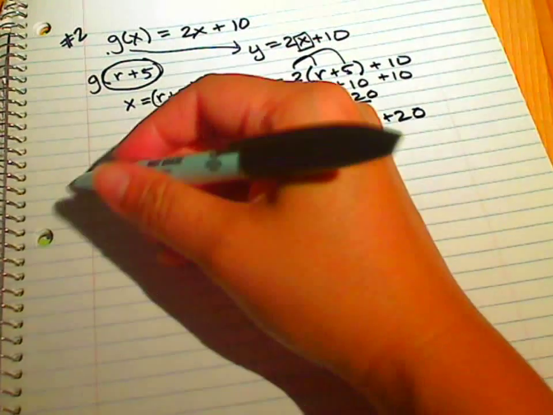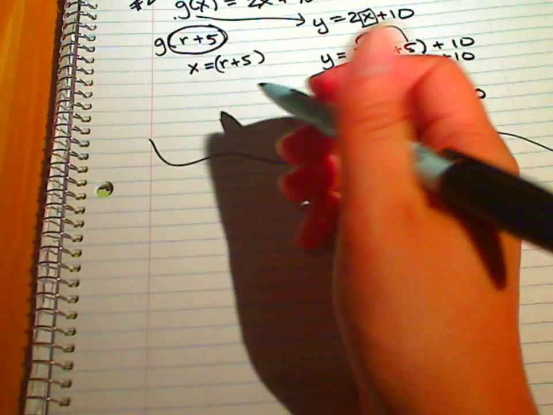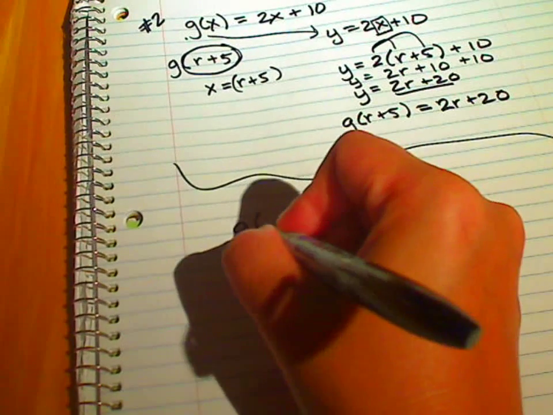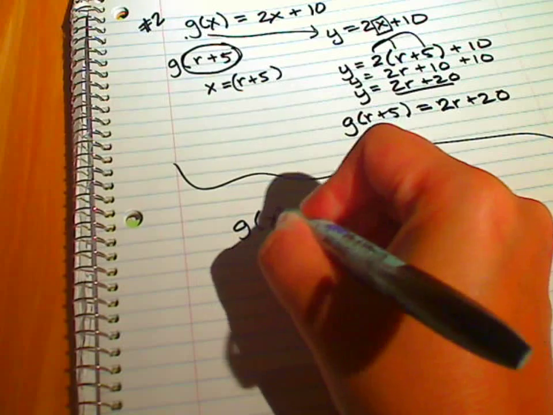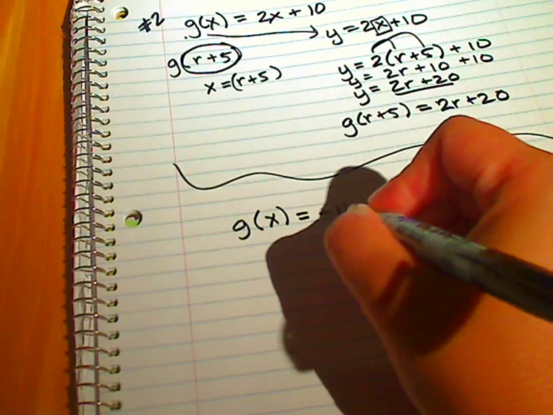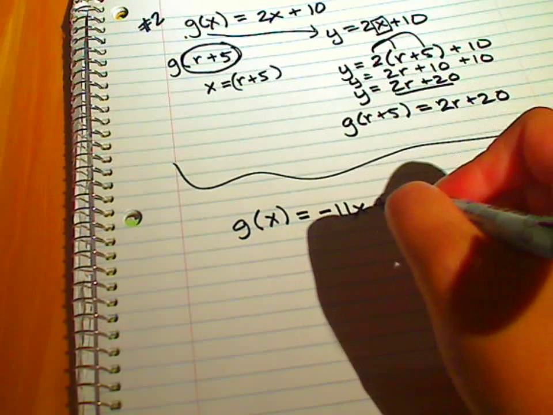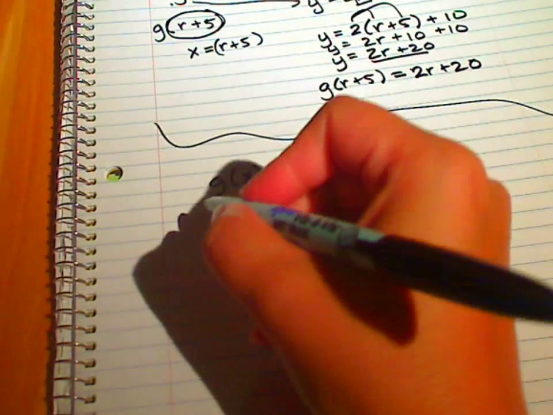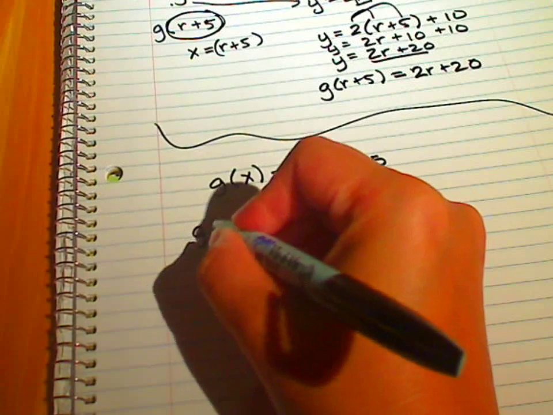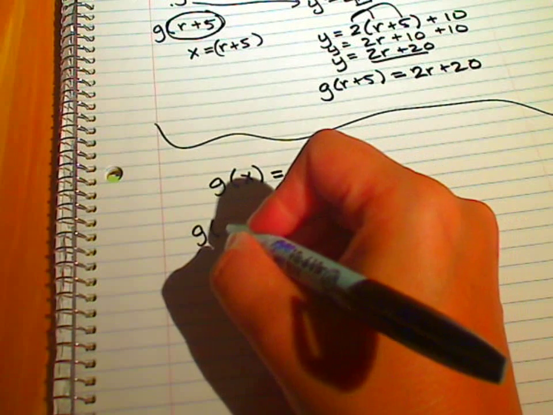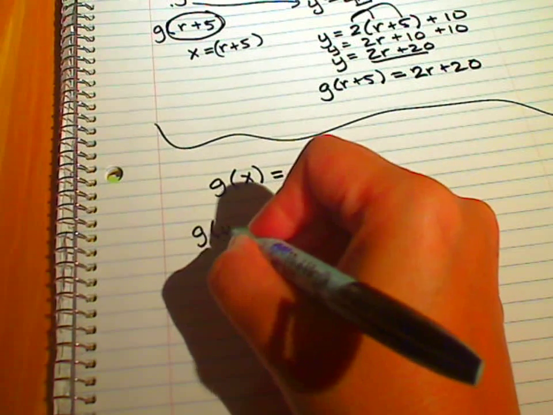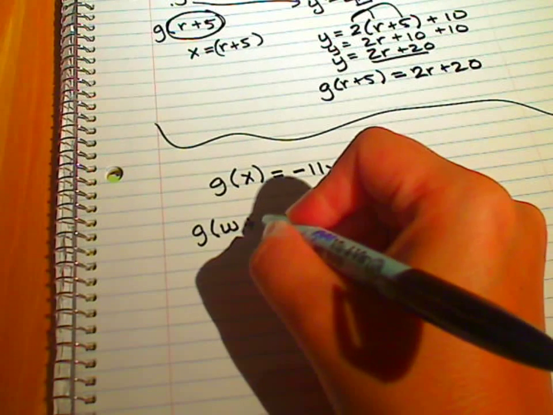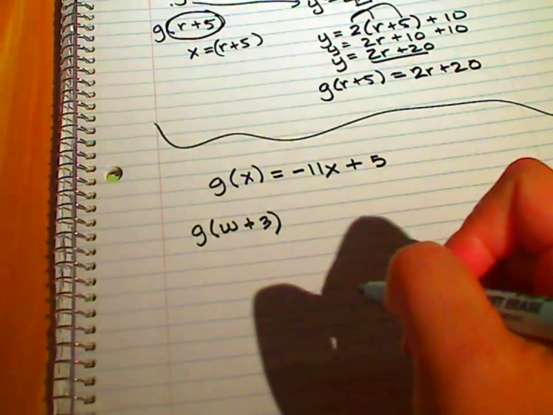I'll do one more for you like that. G of x equals negative 11x plus 5. And then I'm going to do g of w plus 3.